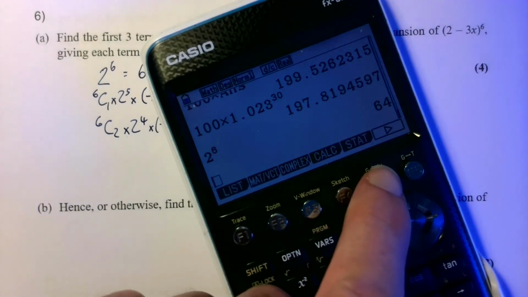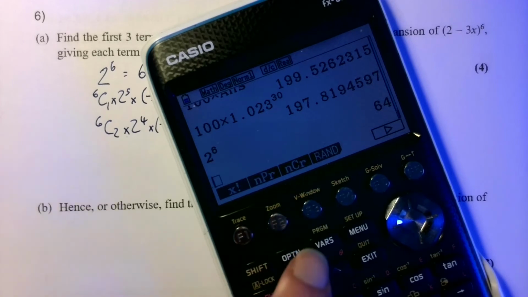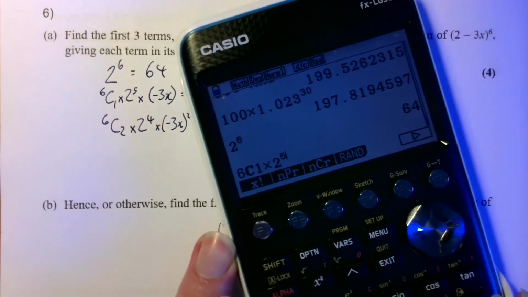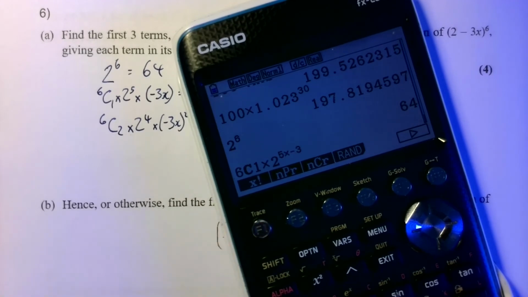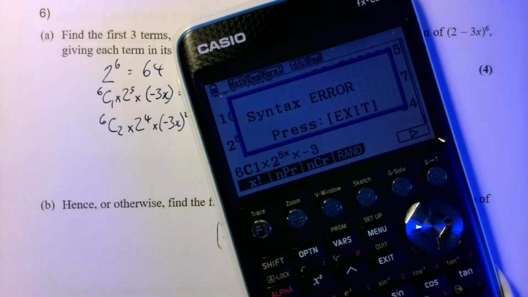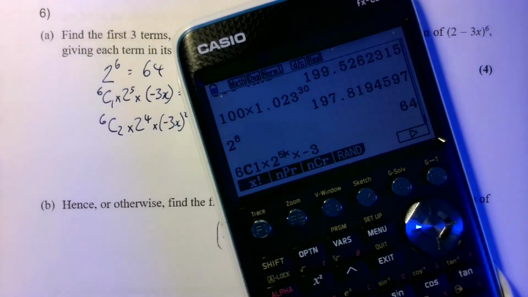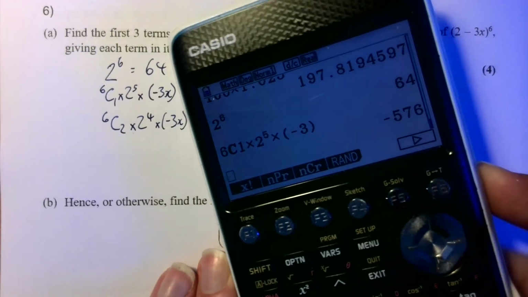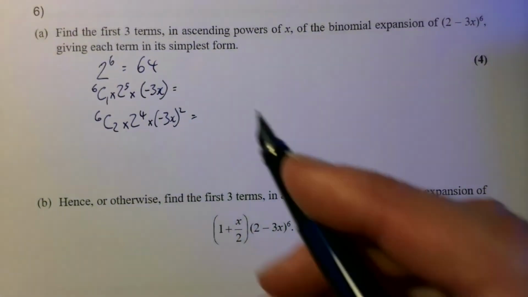Option, probability, there. 6 choose 1 times 2 to the power 5 times negative 3. Oh, and I've put that in slightly wrong. I'd put an x up there, hadn't I? So take that out, that gives us negative 576.